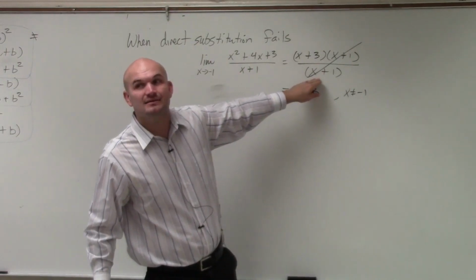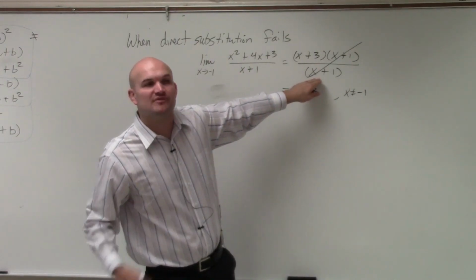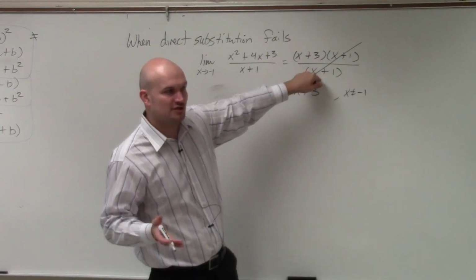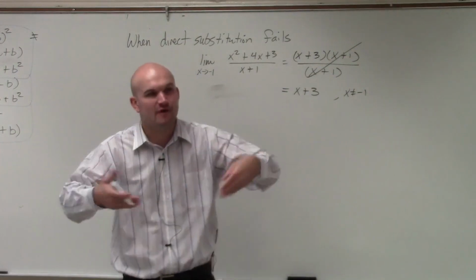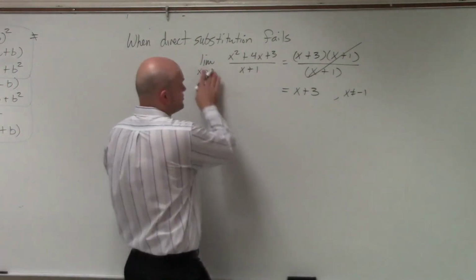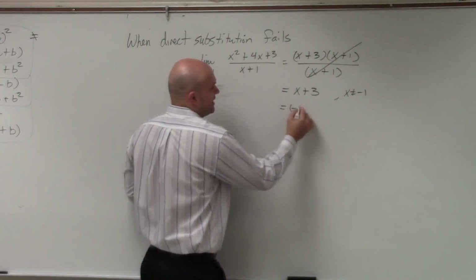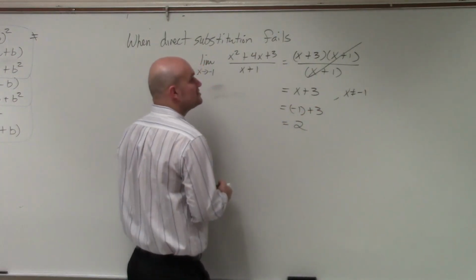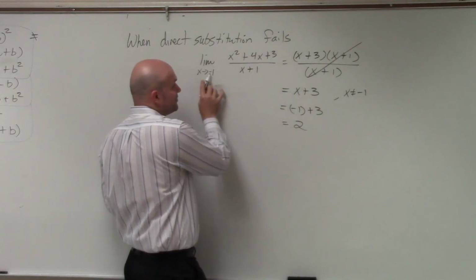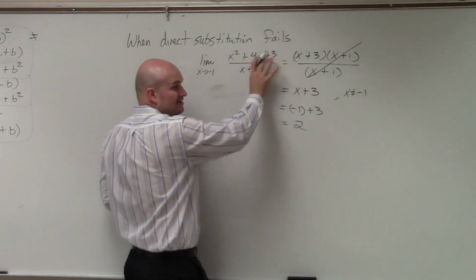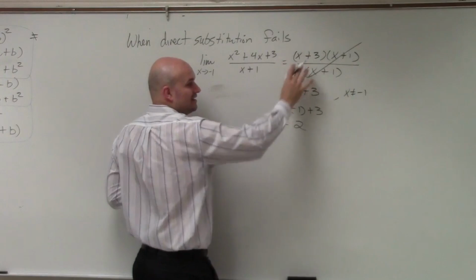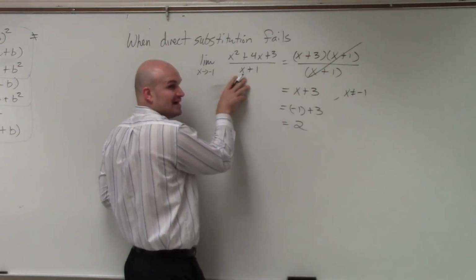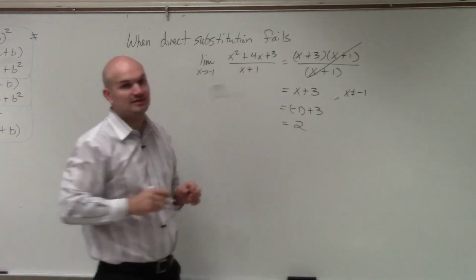But again, that's the value of the function cannot equal -1. We're not finding the value of the function. We're finding the limit. What is the function approaching? So I'm still going to use direct substitution here. I'm just going to plug in -1 plus 3. And what I obtain is 2. So therefore, the limit as x approaches -1 of this function, I simplify by factoring, and then I apply my direct substitution. I can't apply direct substitution from the onset because it gives me a 0 in the denominator.